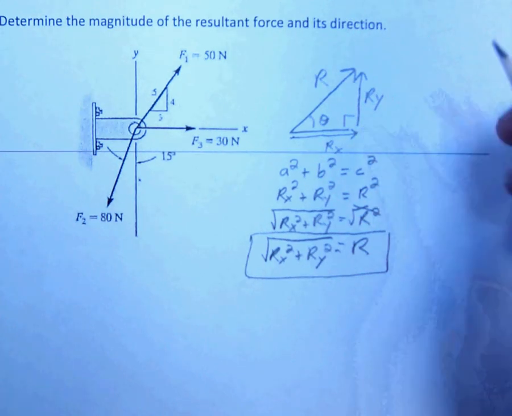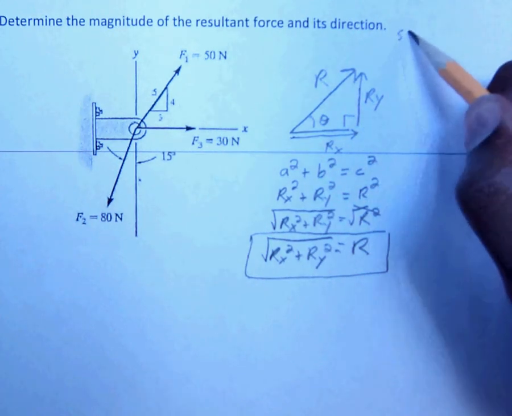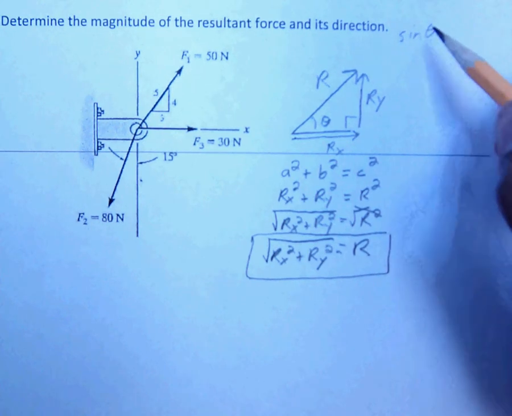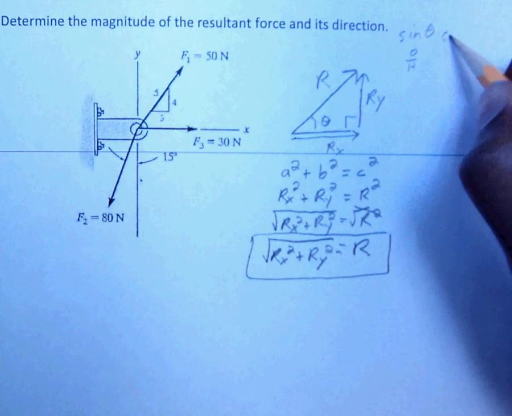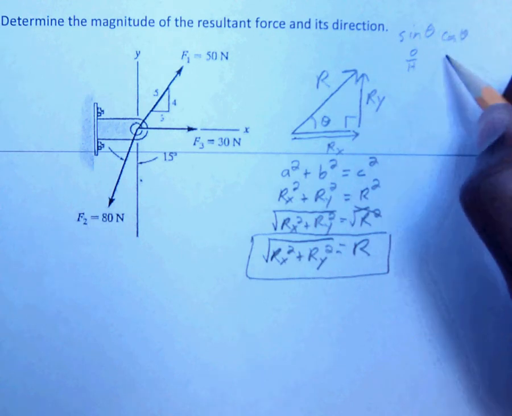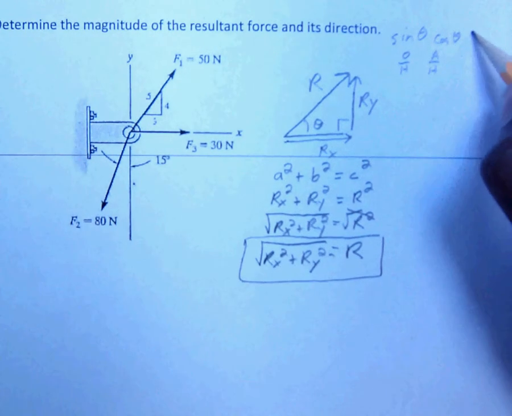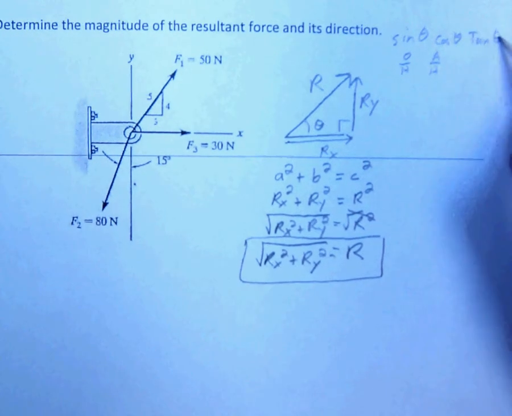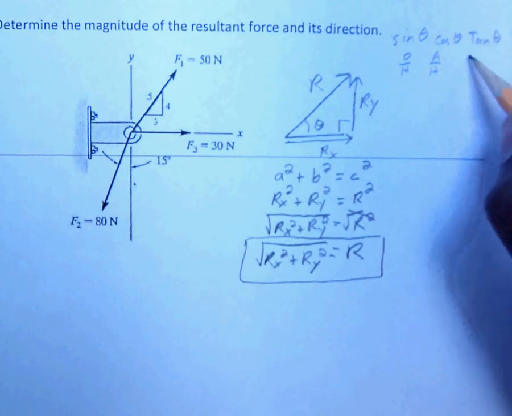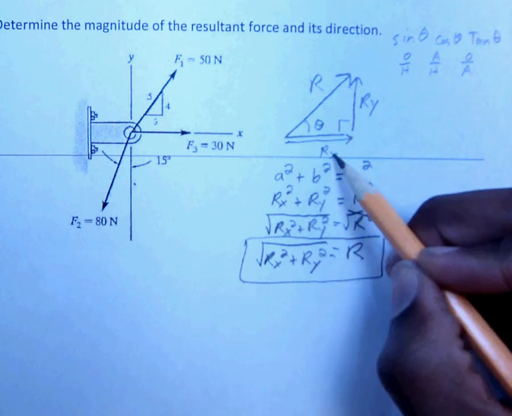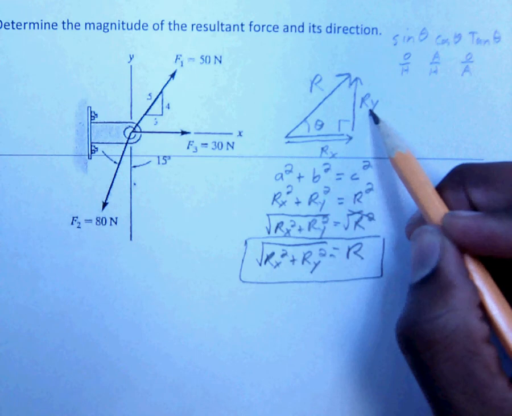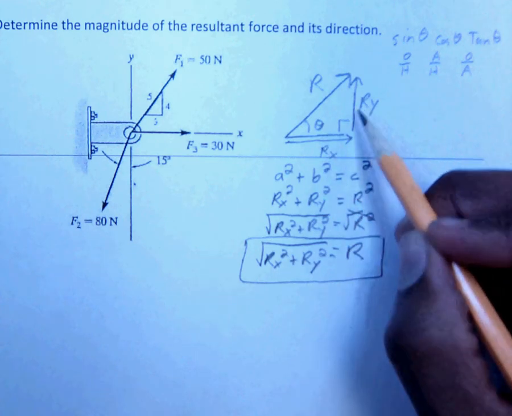If you remember, sine of theta equals opposite over hypotenuse, cosine of theta equals adjacent over hypotenuse, and the tangent of theta equals opposite over adjacent. If we have Rx and Ry, then we are using the opposite side and the adjacent side.